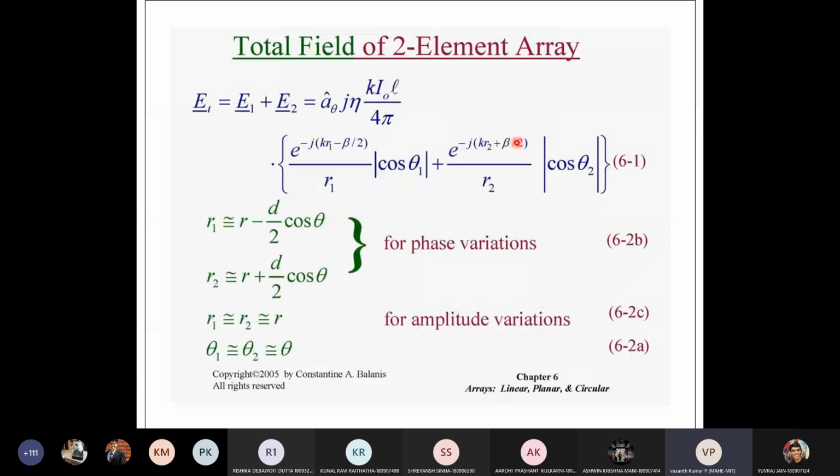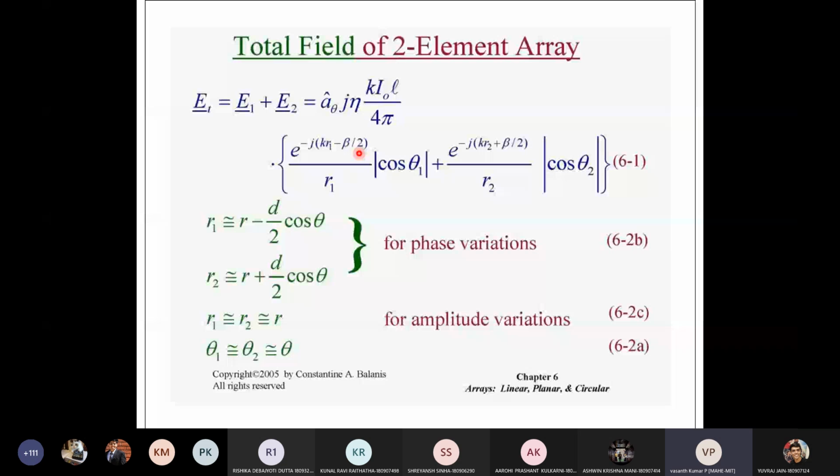So j k R1 minus beta by 2, here plus beta by 2. The currents of the two elements have equal amplitude, but a phase shift of beta. So he has taken plus beta by 2 for one and minus beta by 2 for the other, so totally it will be beta phase shift.